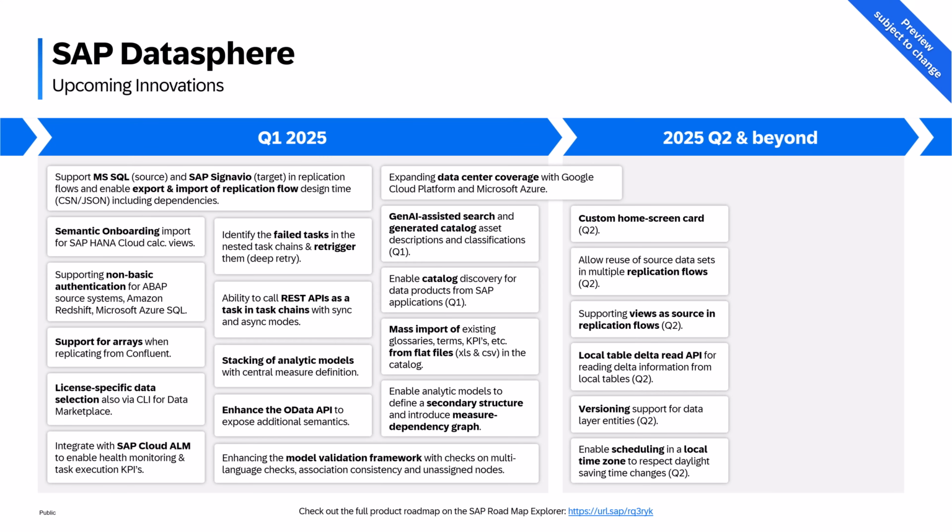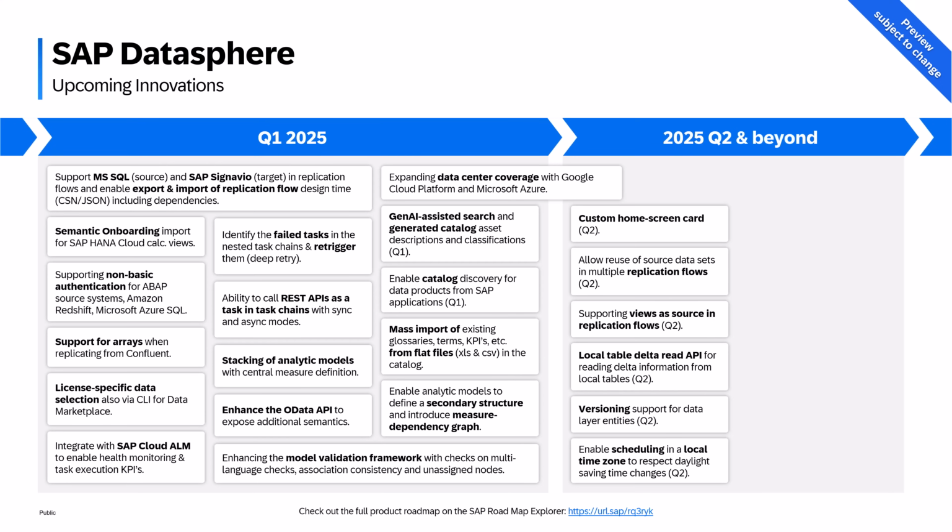Looking at Q2 specifically, there's a bunch of topics which I took here, like for example the addition of a custom home screen card where you can have your own text, hyperlinks, descriptions, etc., which might link to your internal documentation or other assets you might find useful for people using Datasphere.